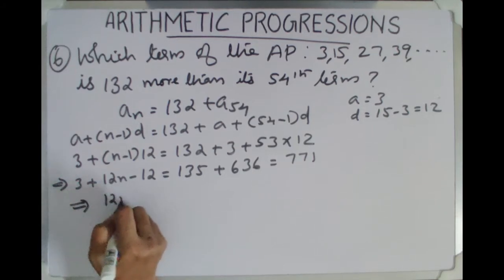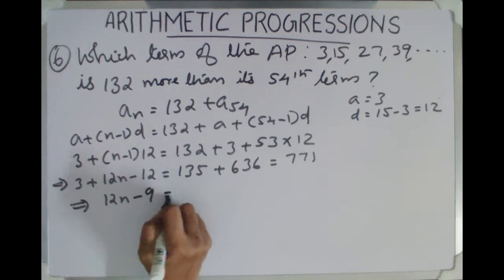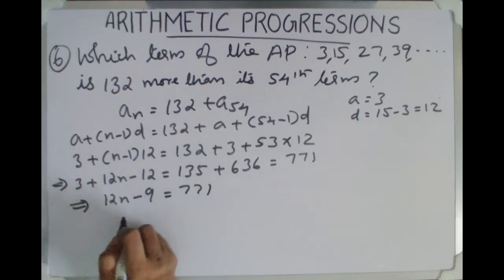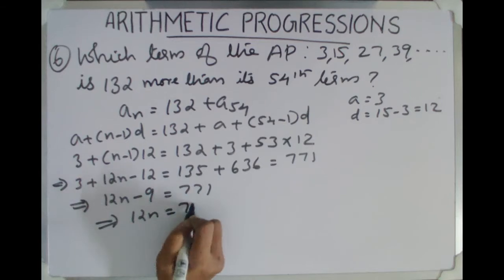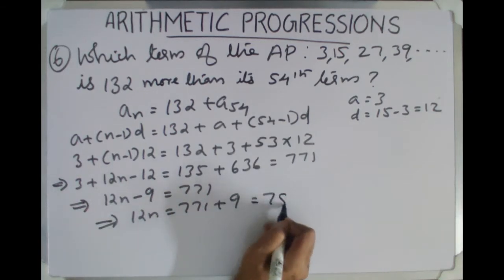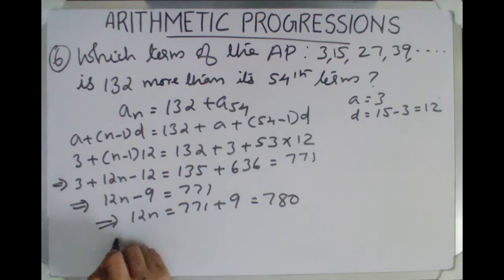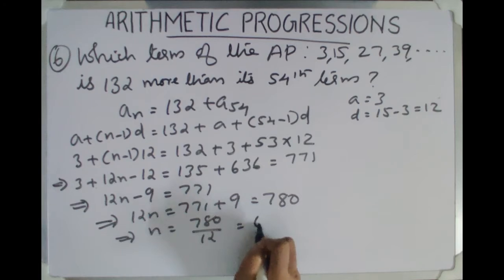This implies 12n, 3 minus 12 is minus 9, equals 771. This implies 12n equals 771 plus 9, that is 780. This implies n equals 780 by 12, that is 65.